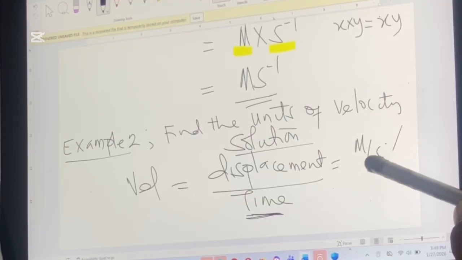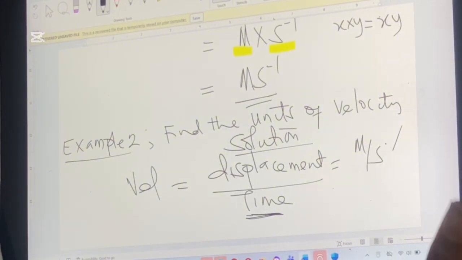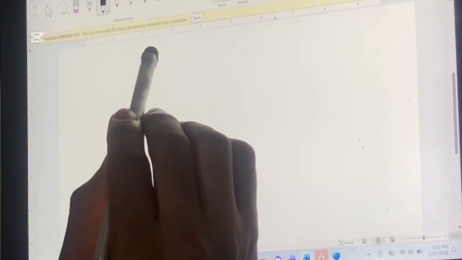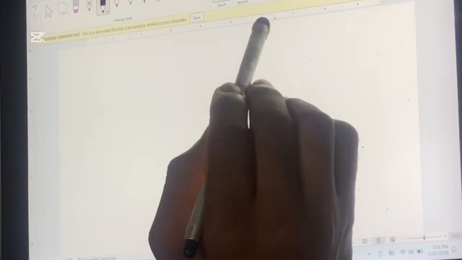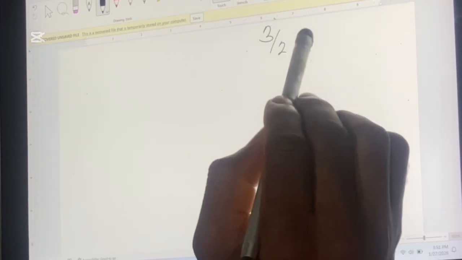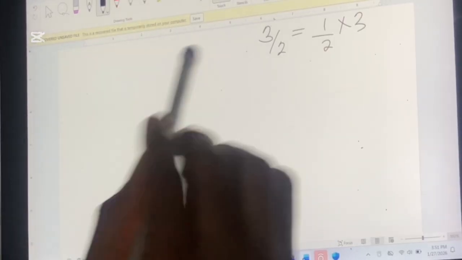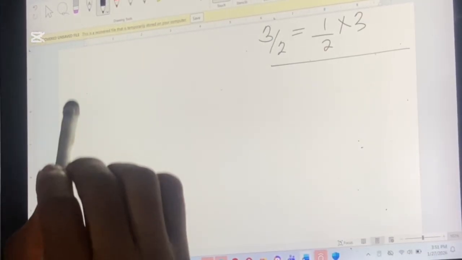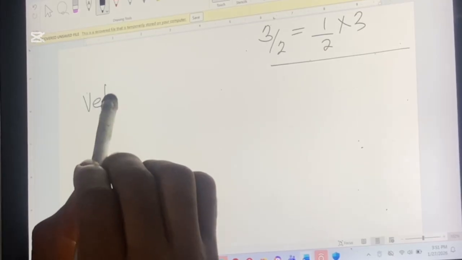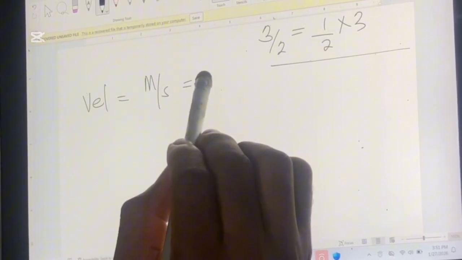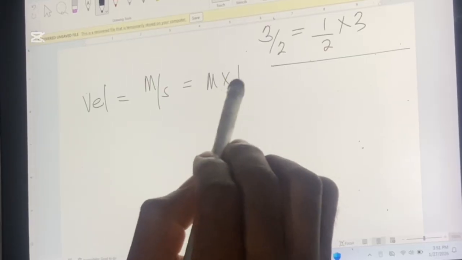Class, remember that whenever I have something like this, 3 over 2 is the same thing as 1 over 2 times 3. Please take note, okay? So applying this law, velocity, which is meter per seconds, is the same thing as meter times 1 over s.